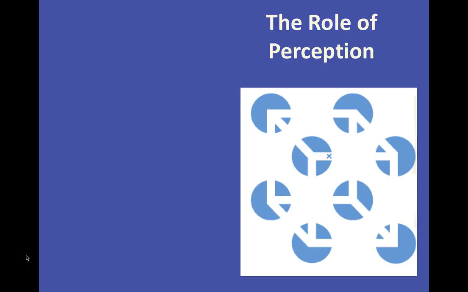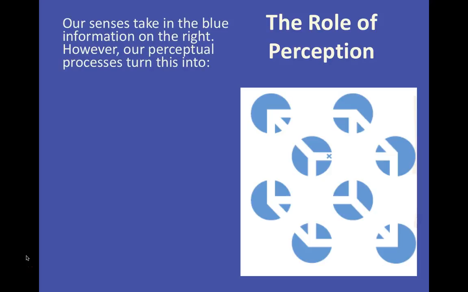So let's look at the role of perception in all of this. Our senses take in the blue information on the right. You see all this blue information here, the blue in this object. But our perceptual processes turn this into something else.